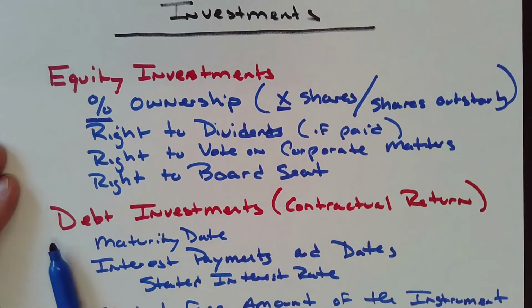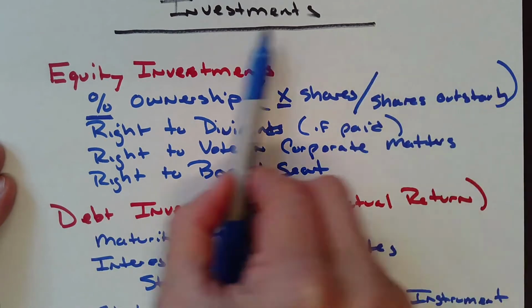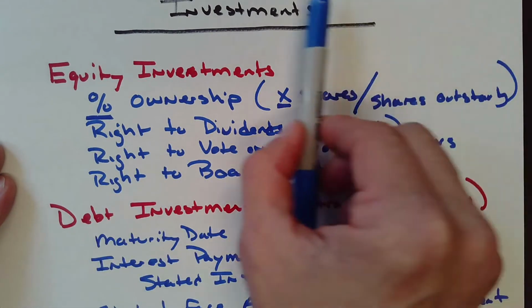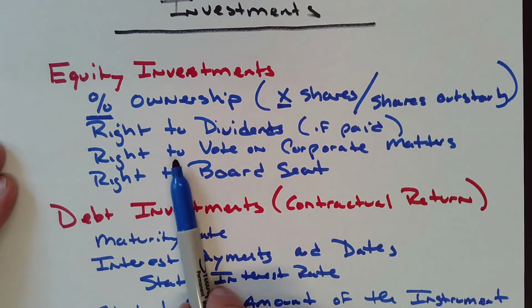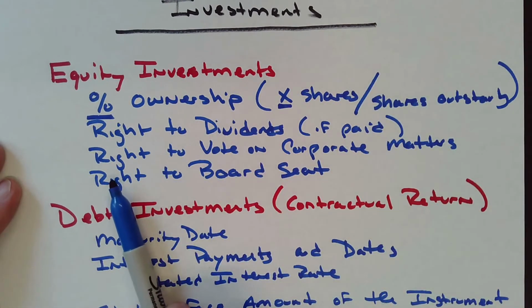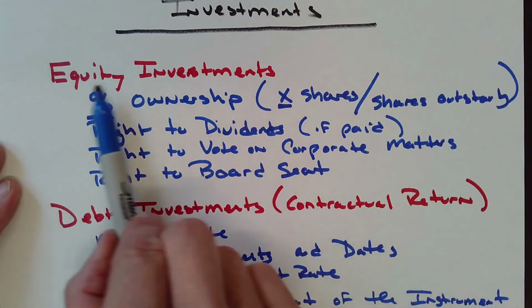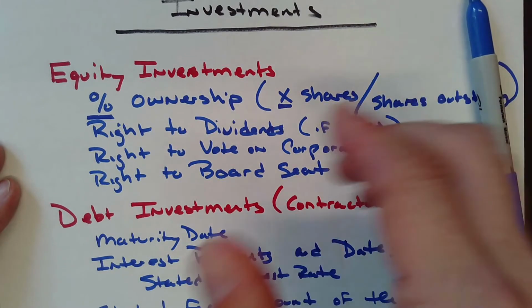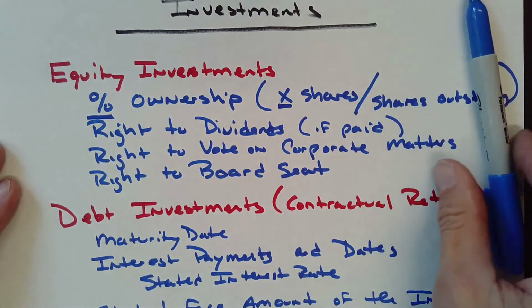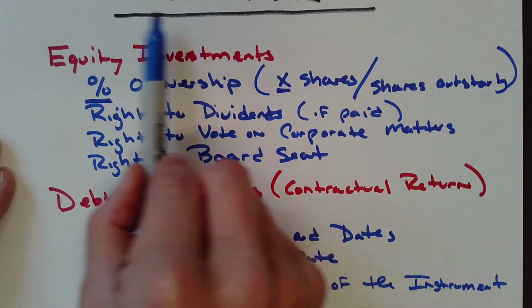If I don't care about contractual returns and I'm really interested in growing ownership and making my portfolio worth more in the future, because theoretically, as an equity owner, there's more of a chance of making more money versus being a lender, then I might want more equity.